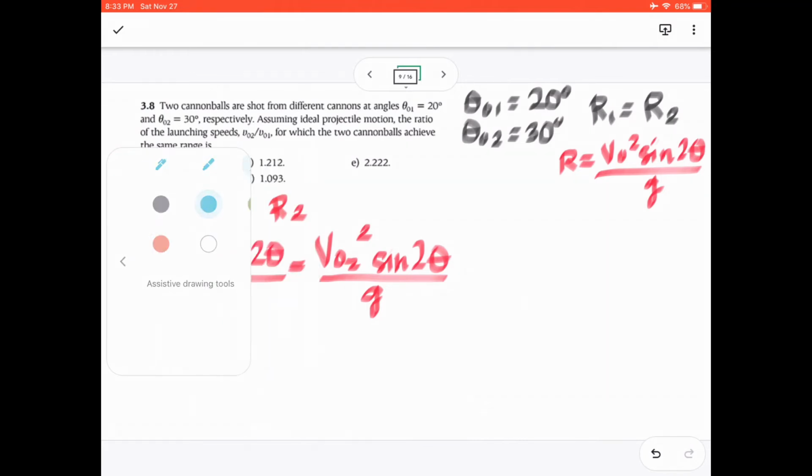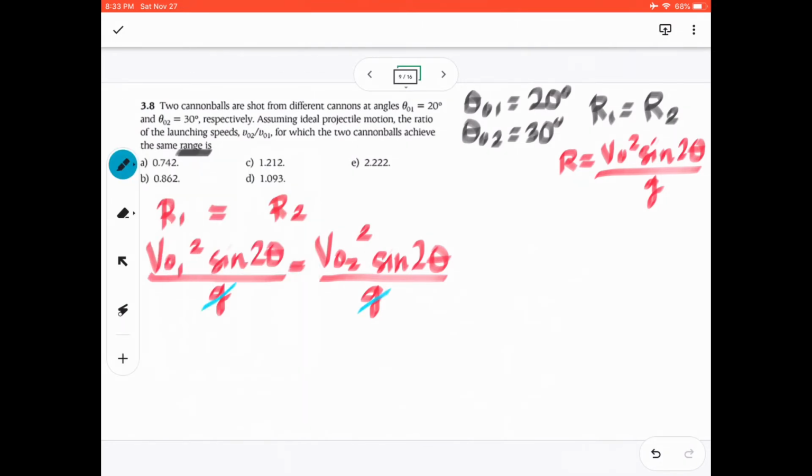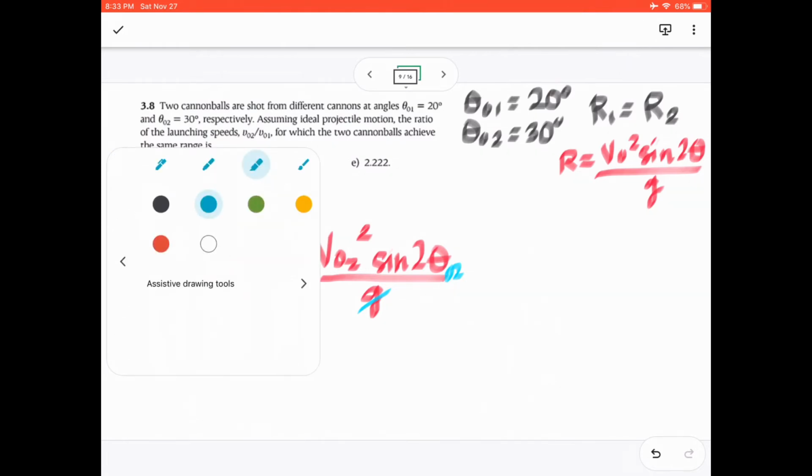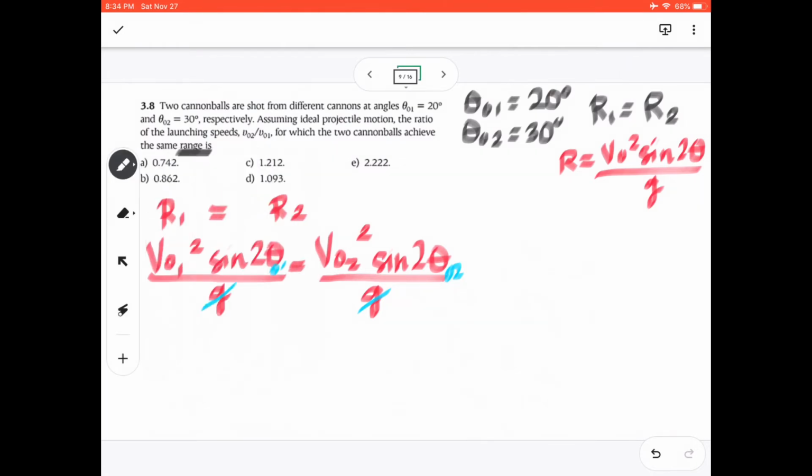We can cancel out G and G in this case because they're equal. How about sine 2 theta and sine 2 theta? Can we cancel them out? No, because the thetas are not equal. Let's just assume this is initial theta 1 and initial theta 2. Now we're going to substitute those two values of theta.